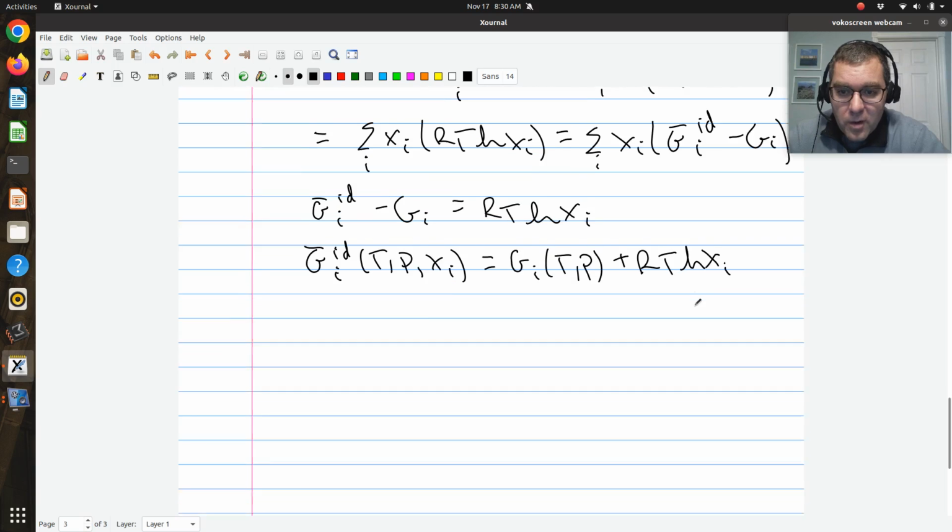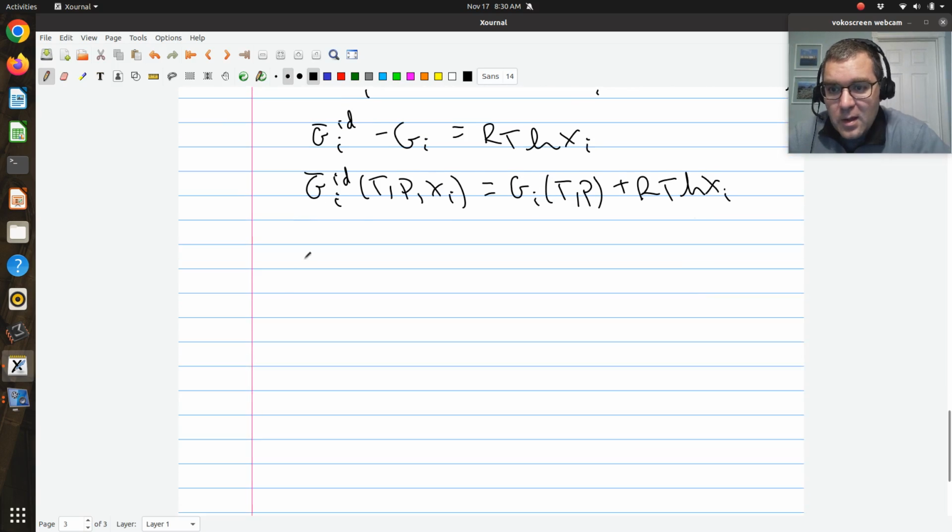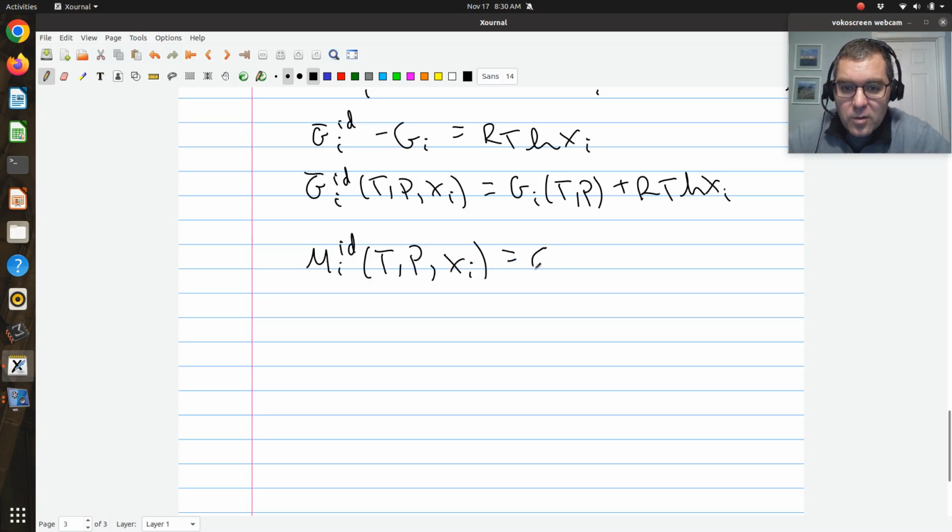Okay, and one final comment, right, is G bar I ideal. That's my partial molar Gibbs free energy, right? That's equivalent to chemical potential. So I could equivalently say the chemical potential of component I in my ideal solution is equal to GI at T and P plus RT log Xi.